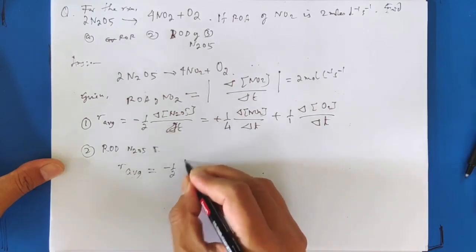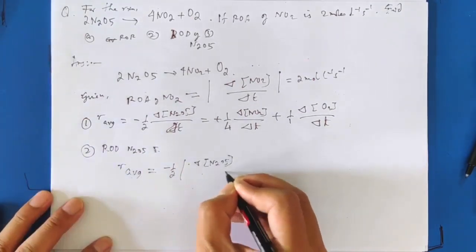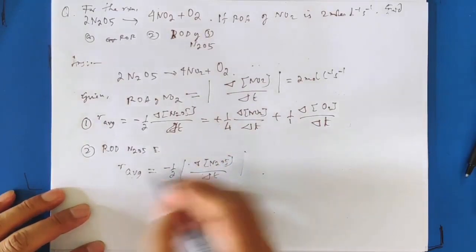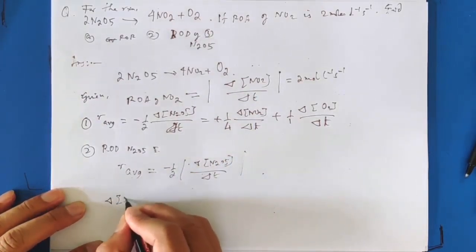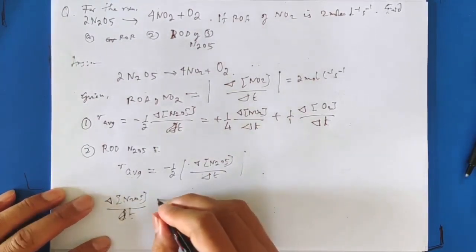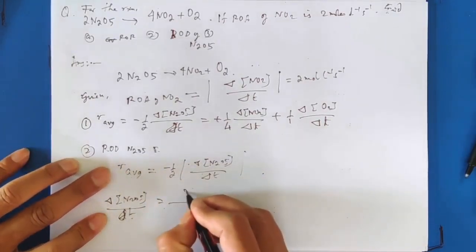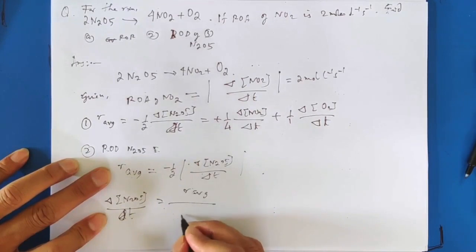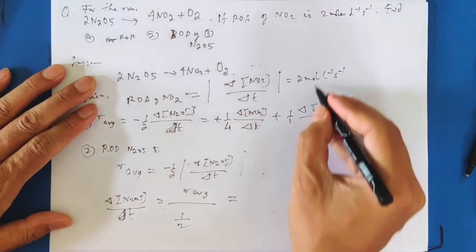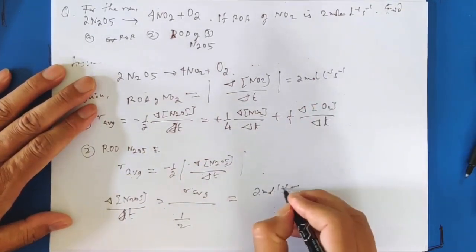Average rate R, here it will be divided by 1 by 2. Average rate, then I calculate it's 2 mole liter inverse second inverse.